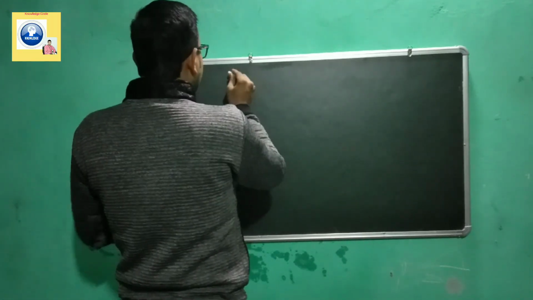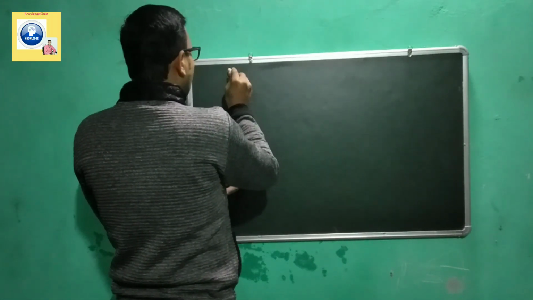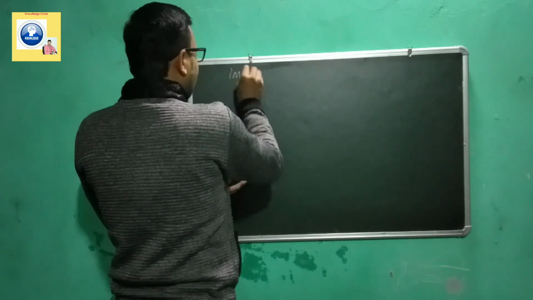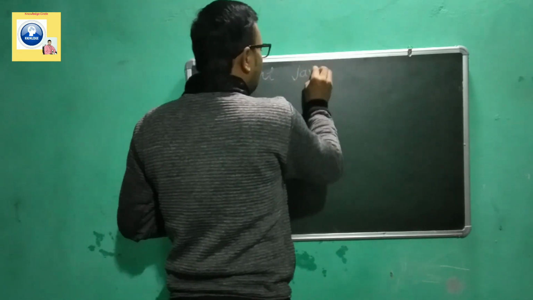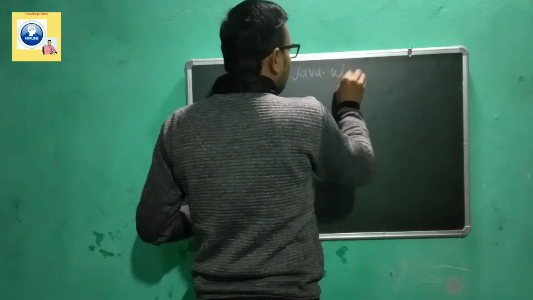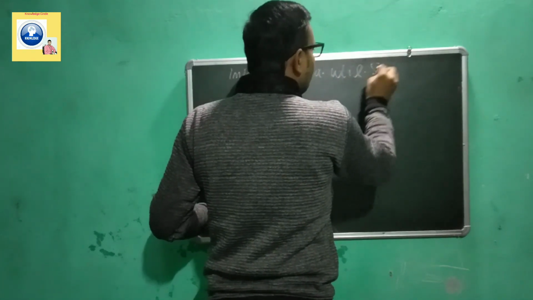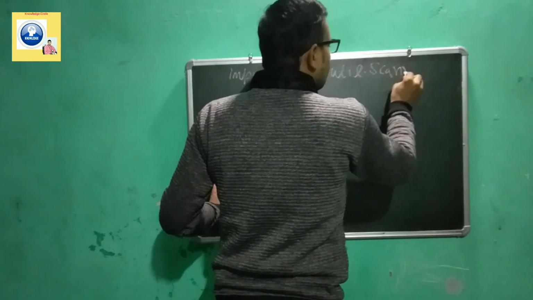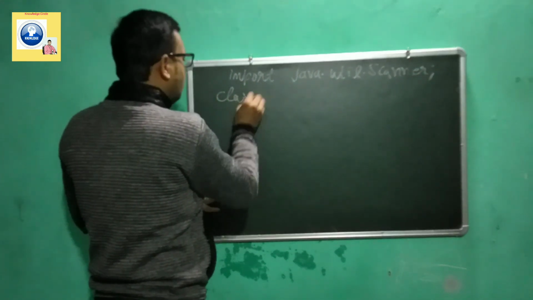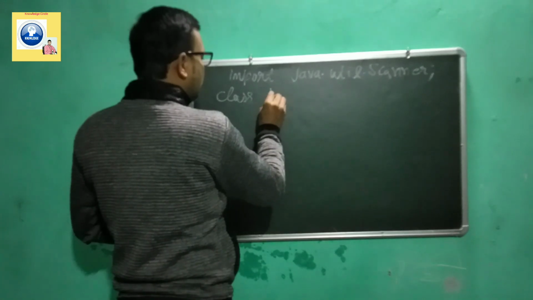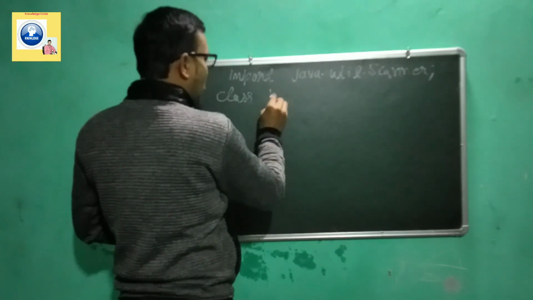So as you all know, every program begins with what? We write import java.util.Scanner, the class. Then after, because we are making prime composite, we can write here class name Pr.